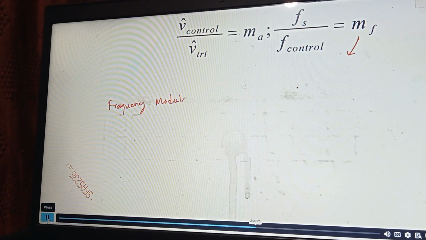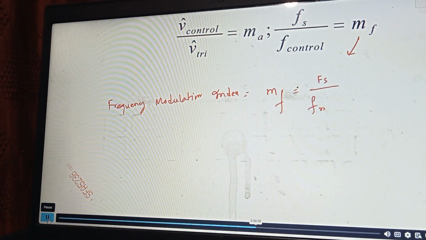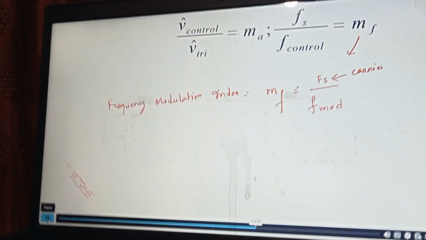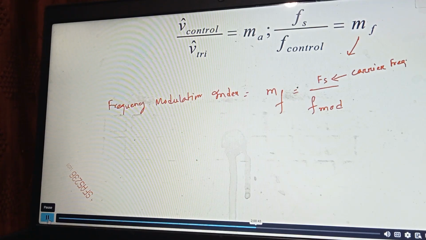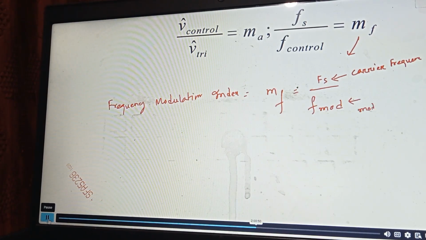MF is given by Fs by F mod. Fs is nothing but your carrier frequency, and F mod is going to be your modulating signal frequency.